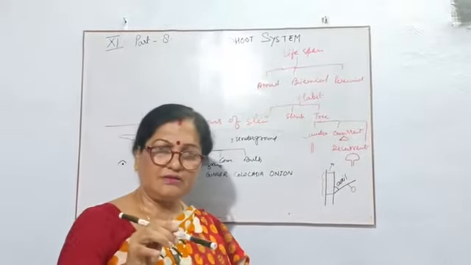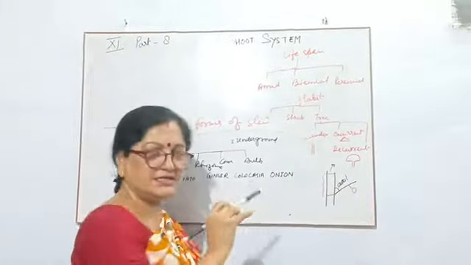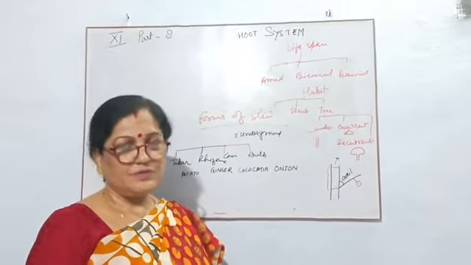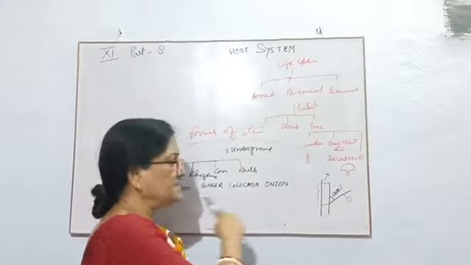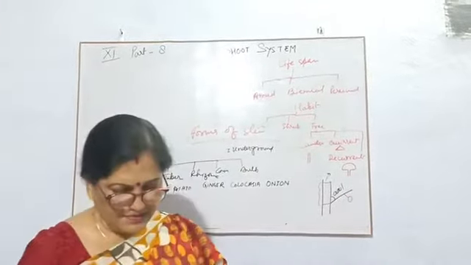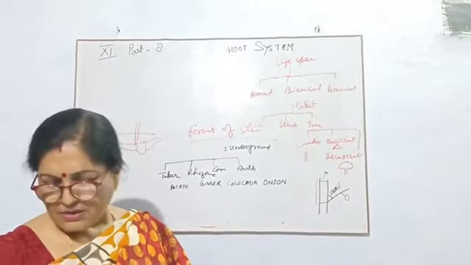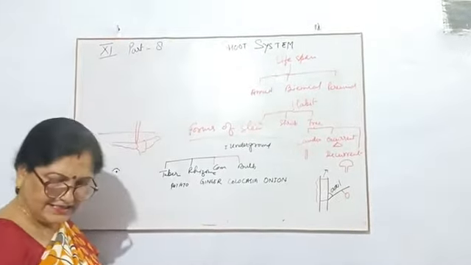While cutting an onion, you can see in between there is an axillary bud, and this axillary bud is overlapped by some scale leaves, and these scale leaves have the storage food. This is the bulb. Bulb is of two types. One is tunicated, another one is scaly.